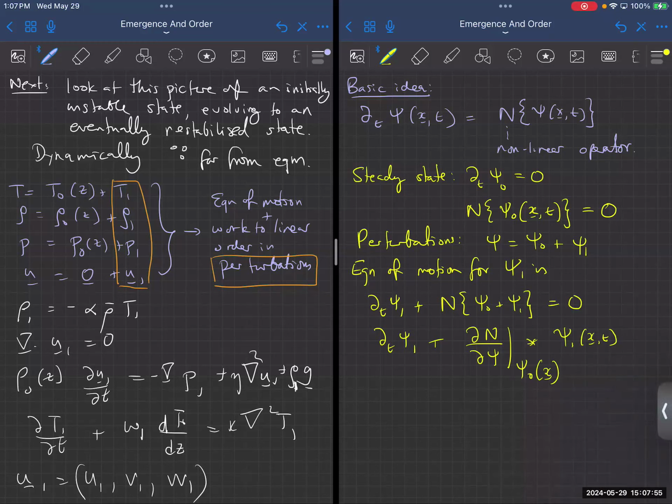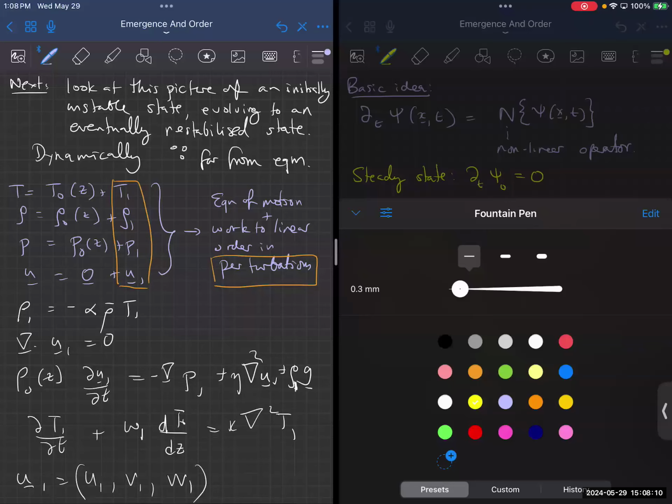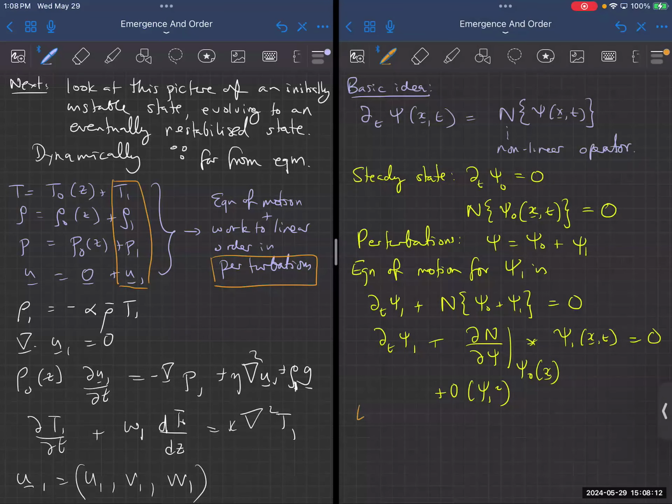And this is equal to 0, and there are of course higher order terms which we are going to neglect, because what we're doing is linear stability analysis.